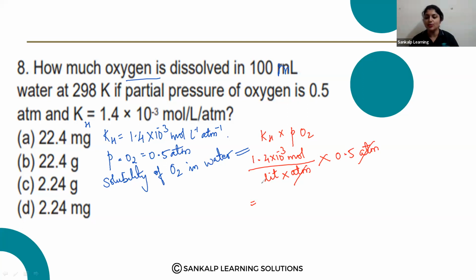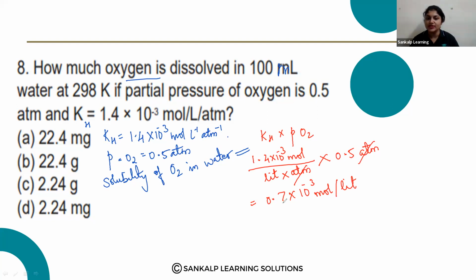So what you will get? 1.4 into 0.5 is 0.7.